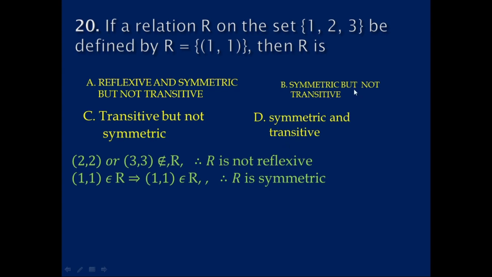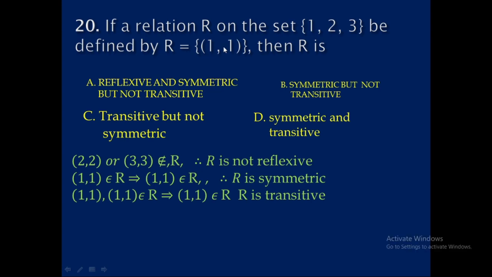Here, verifying transitive. Just remember (1, 1) belongs to R. If we repeat the same element, (A, B), (B, C), (A, C) belongs to R, so we can say R is transitive. A single element, or singleton set, or ordered pair is what we call a trivial relation.